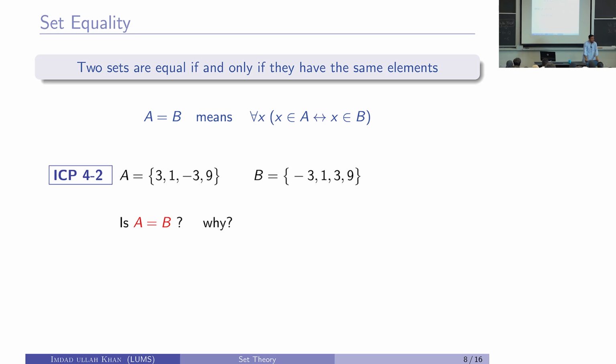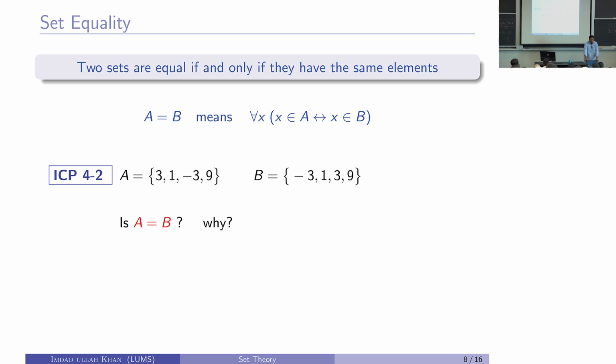What is the truth value of the proposition 5 in A? False. What is the truth value of the proposition 5 in B? False. What is false if and only if false? True, right? When both are false, this is true, or when both are true, right? Is this predicate true for x equals 3?